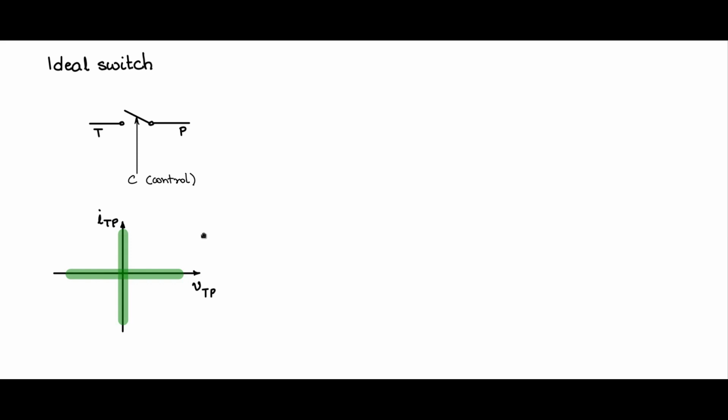Let us now list down the characteristics of the ideal switch. Now let us say in the on state, when the switch is on, as we saw from the static characteristic, it should allow current to flow from T to P and allow current to flow from P to T also. That is, support both positive and negative switch currents.